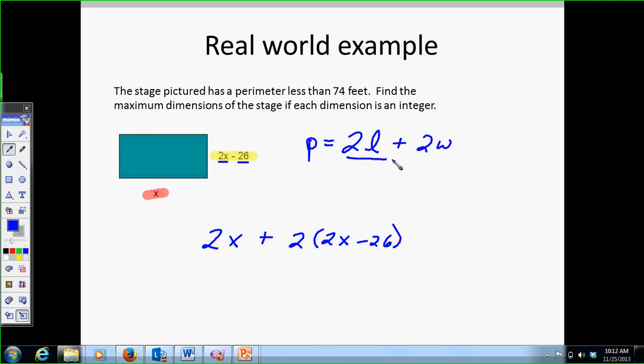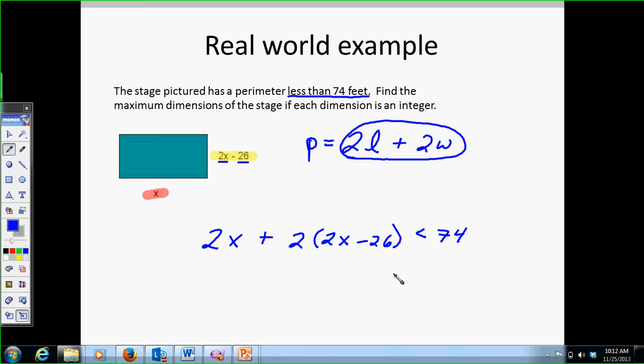So 2 times the length, x, plus 2 times the width, 2x minus 26, is less than 74. And now I can solve.